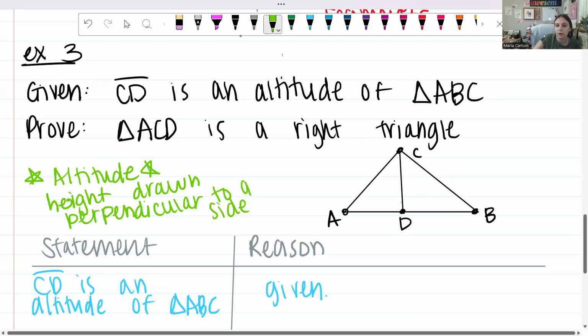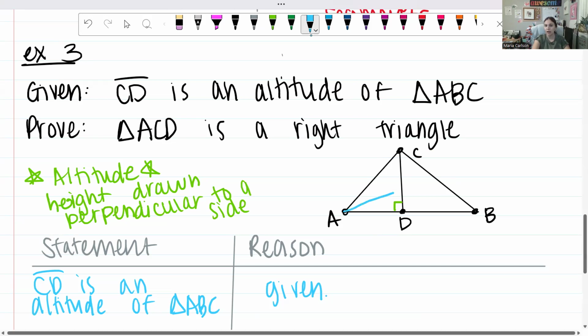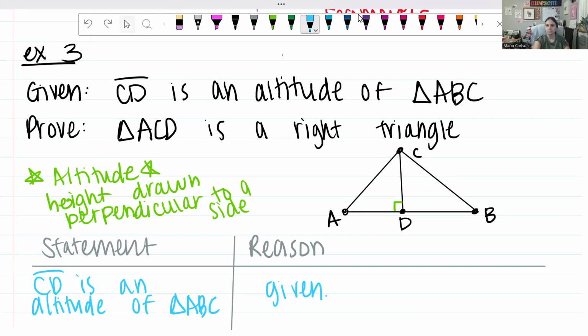So this is really the perpendicular height, the height straight up and down from the bottom of the triangle to the top. Your median was from a vertex and it bisected the opposite side. Doesn't necessarily meet at a 90-degree angle.